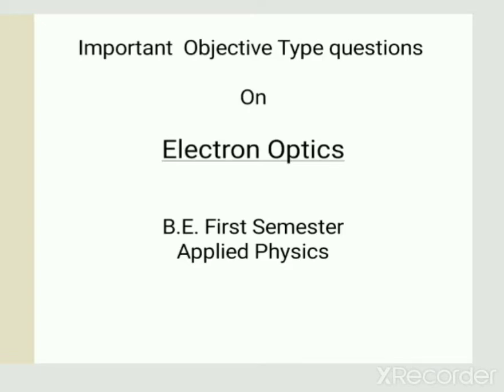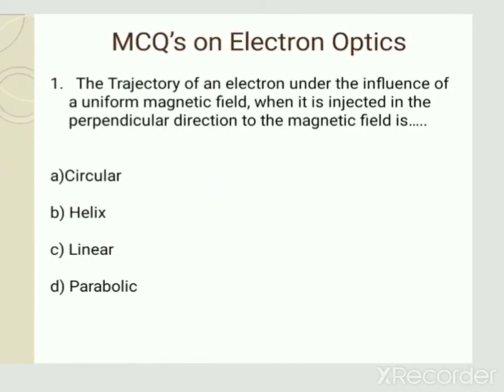So let us start. First question is the trajectory of an electron under the influence of a uniform magnetic field when it is injected in a particular perpendicular direction to the magnetic field is. In this question, we have to find out the trajectory of an electron in perpendicular magnetic field.